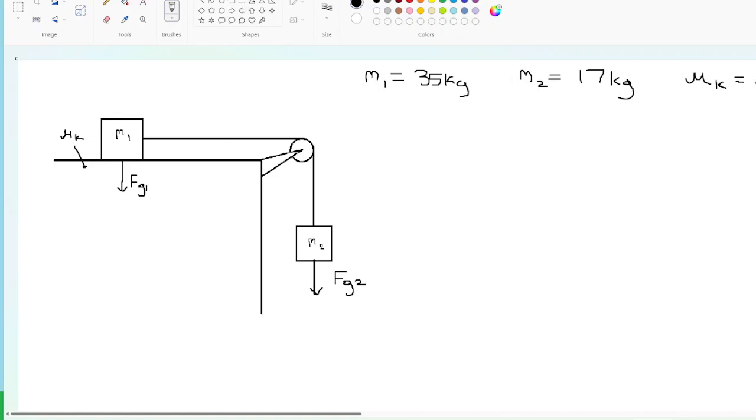We also have the normal force the ground exerts on block 1. And we also have the force of kinetic friction on block 1.